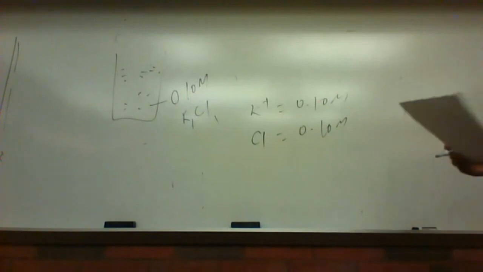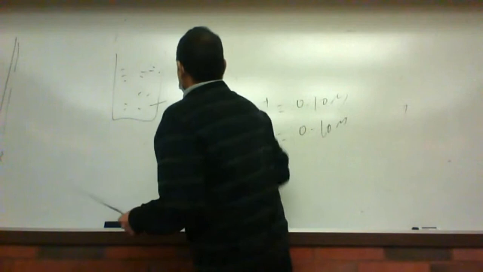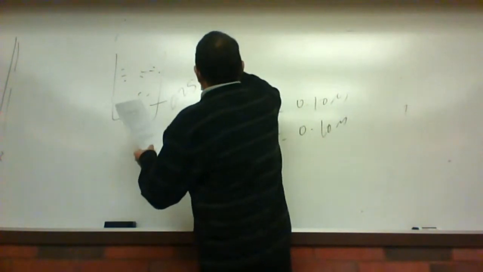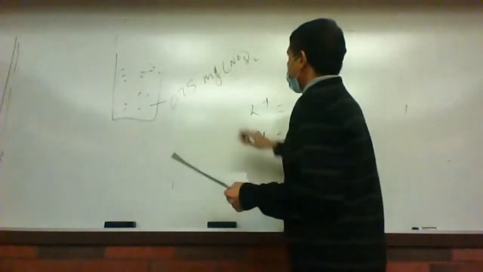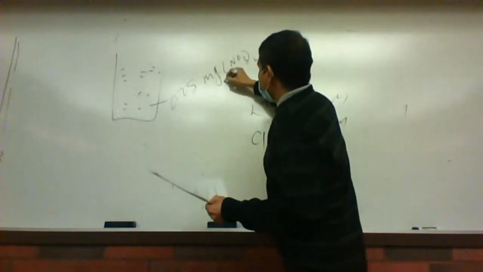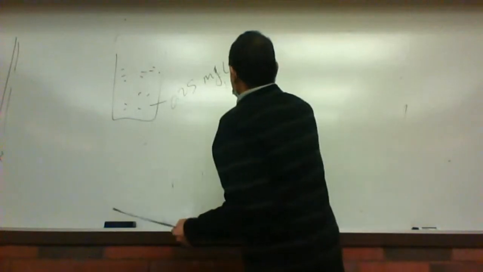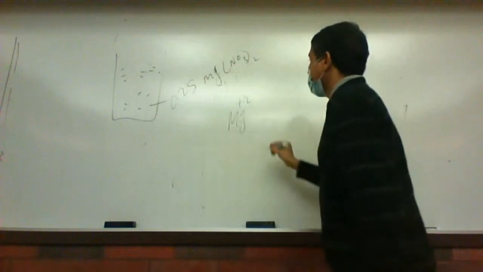How about the second one, 0.25 M Mg(NO3)2. So you see now, Mg has only 1. Mg is just the Mg ion. This 2 is coming from the head of this one, so we write the ion like this.